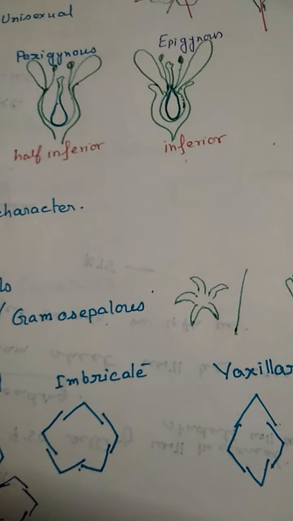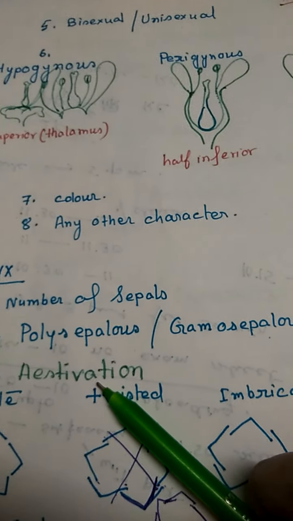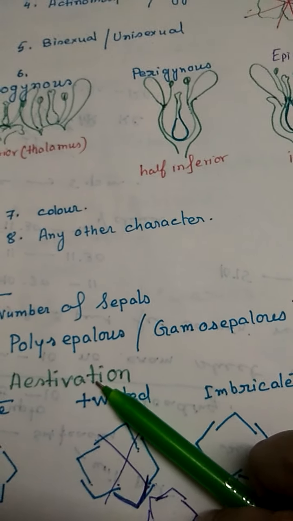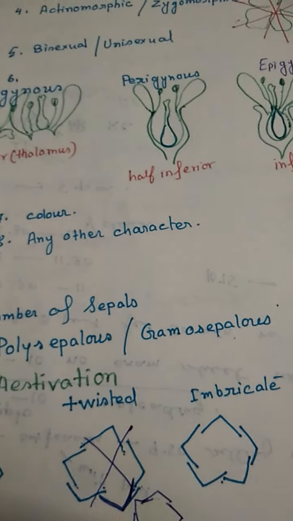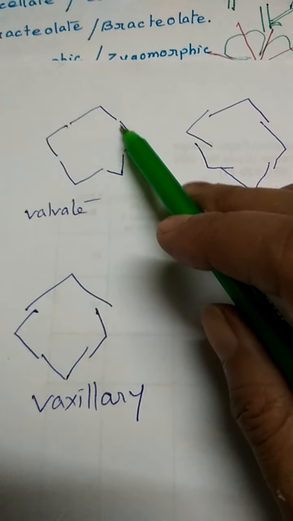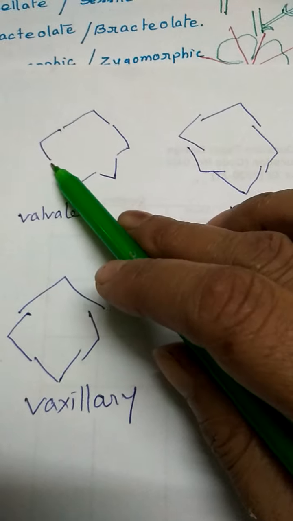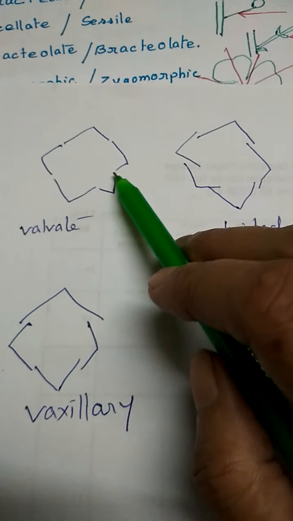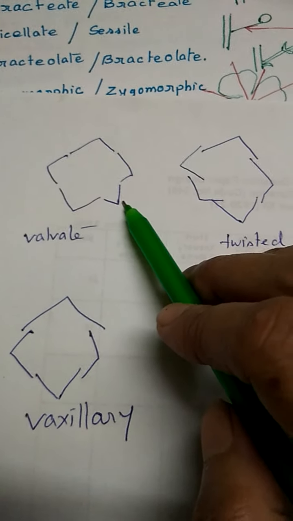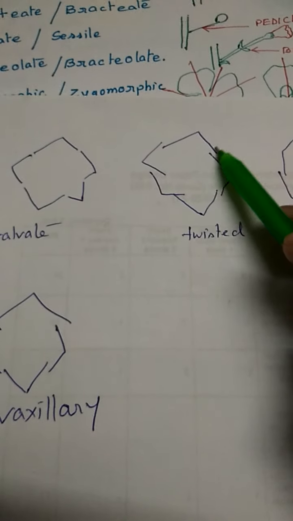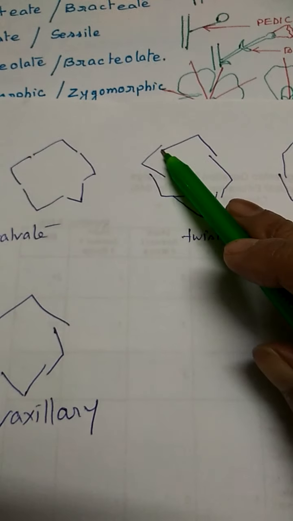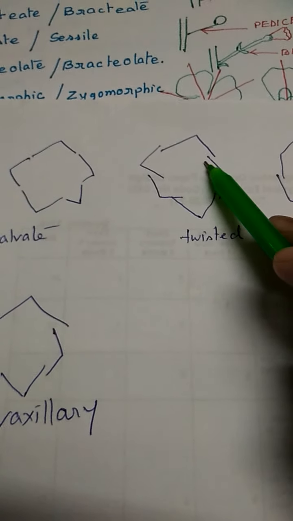Now next one is estivation. In case of the estivation, there are mainly 4 types. Number 1 is valvate. These are the sepals. Some gaps are there, and when these gaps are present, they are arranged side by side. So that is known as valvate. Twisted means one margin is internal and another is outer.